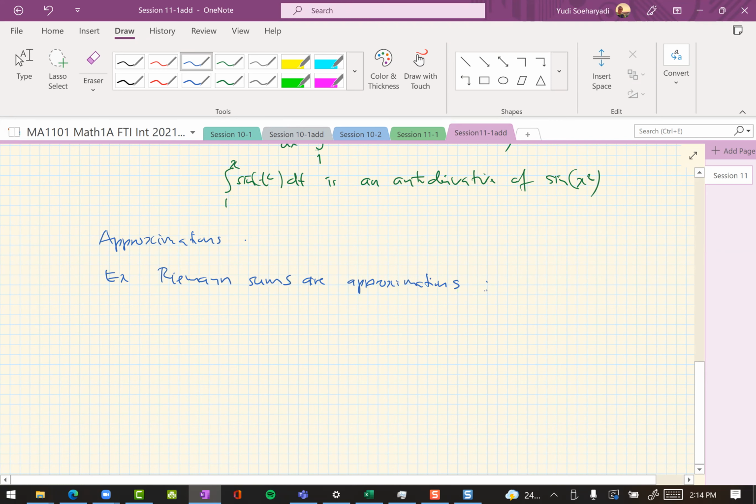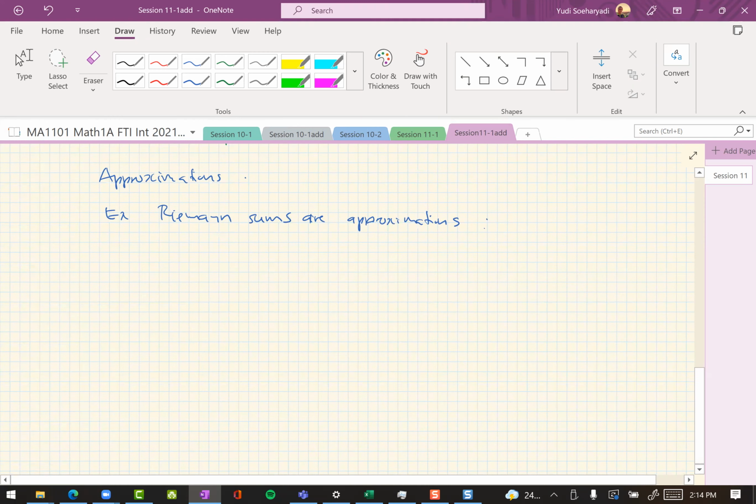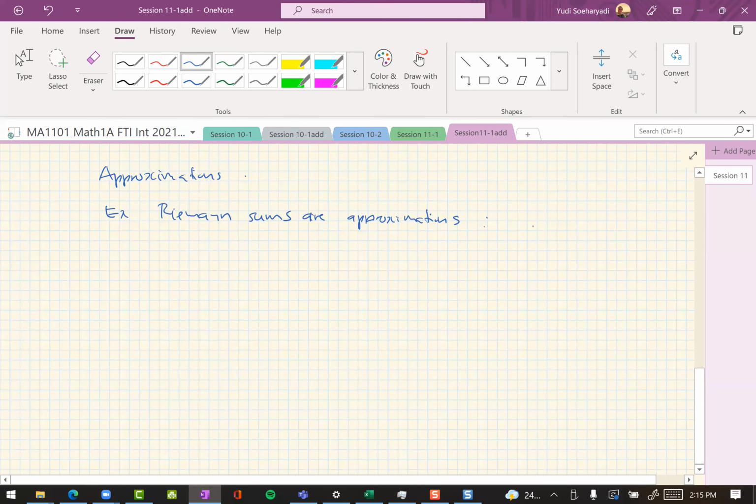So at least we try using a Riemann sum for sine x squared. Later on, we use a calculator, or Maple, or Excel to compute or approximate.